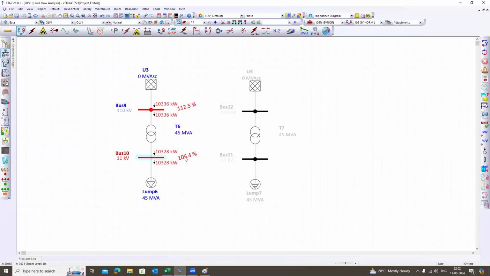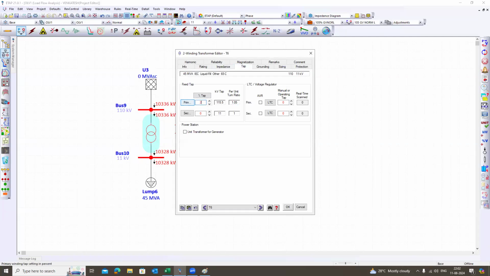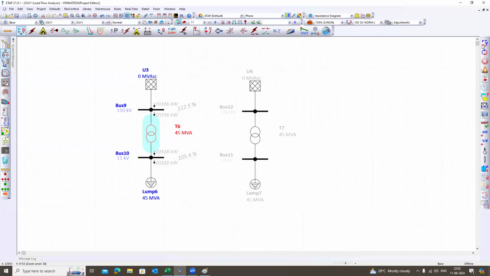Now the bus voltage is 105.5. So in this case you may not need even 5%. Let's check with 2.5%. Here it is 108%, still well within the limit of plus or minus 10%. So 2.5% is also sufficient. This completely depends upon the voltage variation that is allowed.